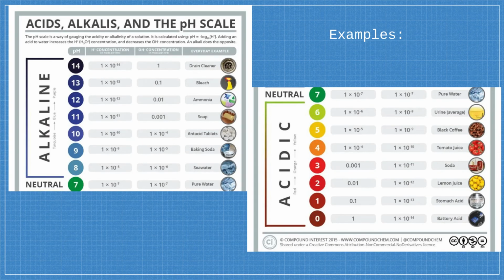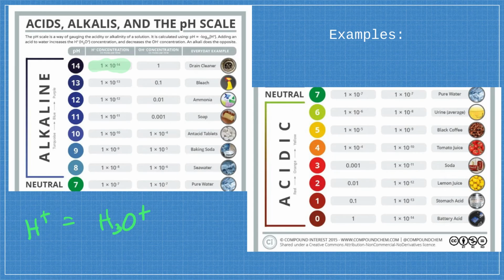So, examples of acids, alkalis, and the pH scale. If something has a pH of 14, it has a hydrogen ion concentration of 1 times 10 to the negative 14th. And if we're talking about H plus concentration, it can also be referred to as the H3O plus.